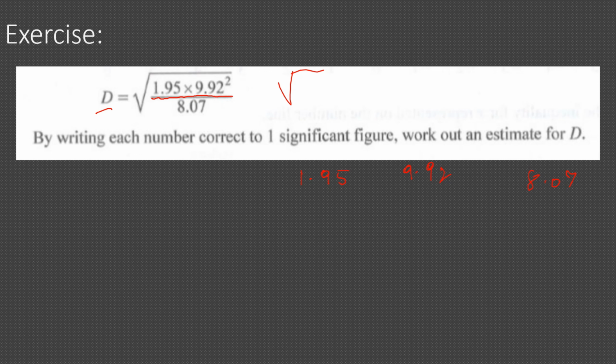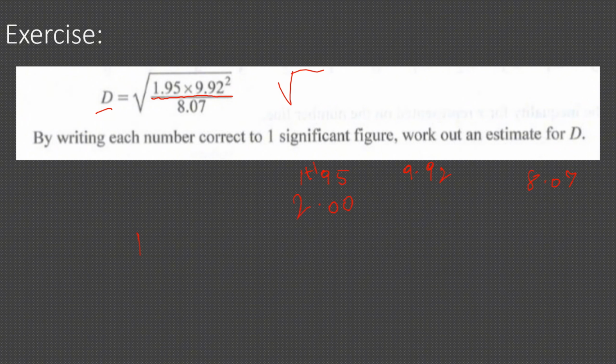Remember, the question asks us to write it correct to one significant figure, so we'll look at the next number, which is 9, and see if we can round it up or round it down. Due to 9 being in the range of rounding up, we'll add 1 to 1. And so this turns into 2, and the numbers after will have to turn into 0. So this will become 2.00.